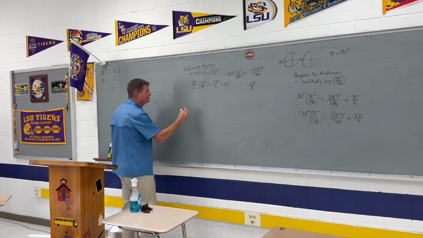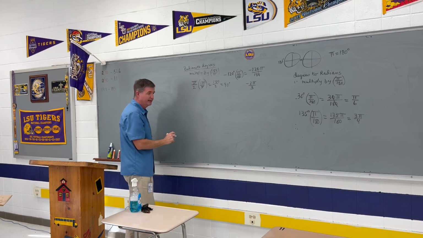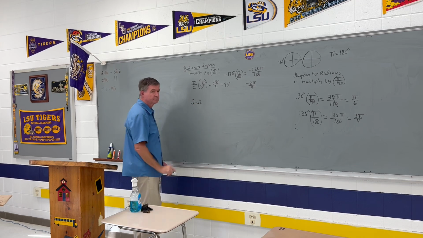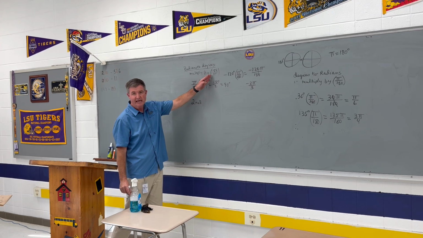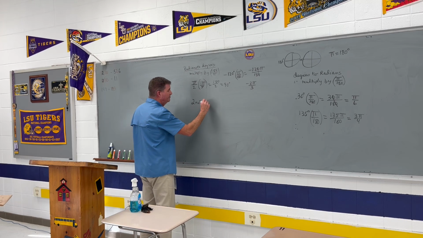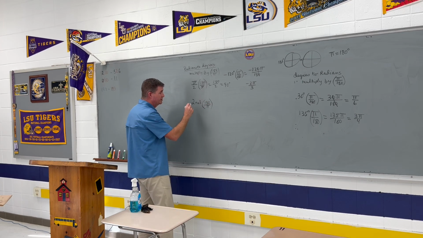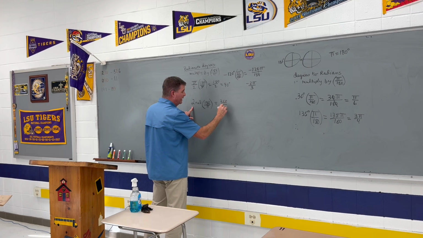Suppose we have to convert from radians to degrees, but there's no pi in it. Suppose it's just the number 2 radians. We do exactly what we have here. Multiply by 180 over pi, which is 2 times 180, which is 360 over pi.